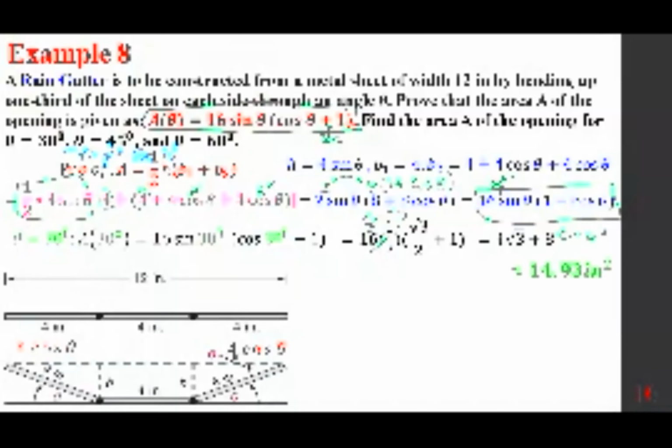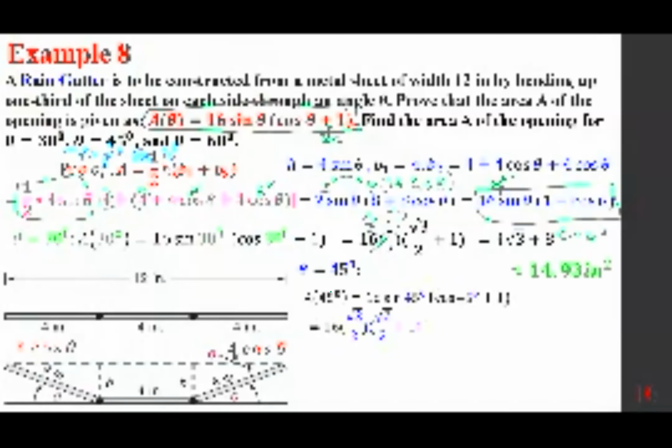Now, what about 45 degrees? Well, the same thing. Just plug in and observe: sine of 45 degrees is square root of 2 over 2, cosine of 45 degrees is also square root of 2 over 2. And so you notice if you multiply, and by the way, this one and this one cancel each other, they give us 8.